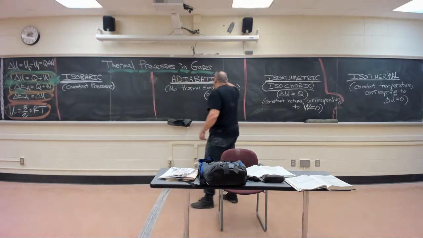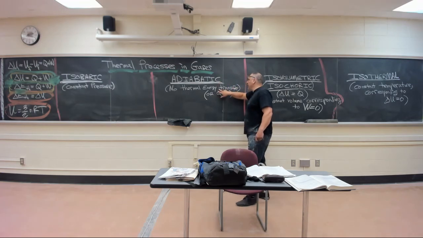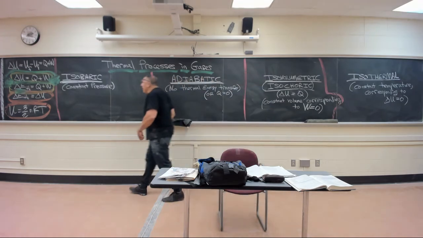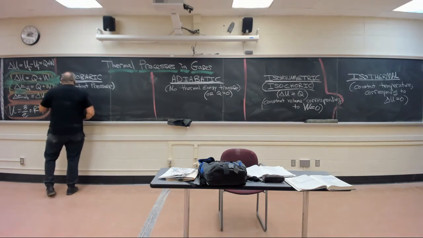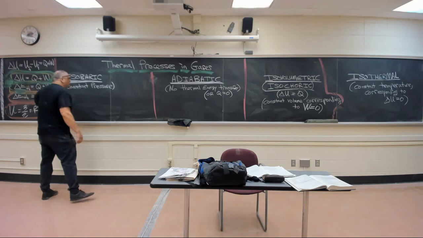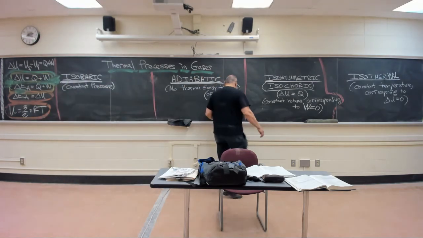There's an adiabatic process. No thermal energy transfer, either in or out. Q equals 0. This is kind of the one they're working with across the board with this stuff, guys. The delta U equals Q plus W. No thermal energy transfer, Q equals 0.